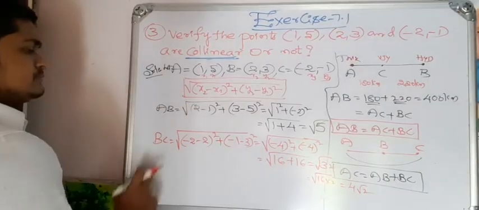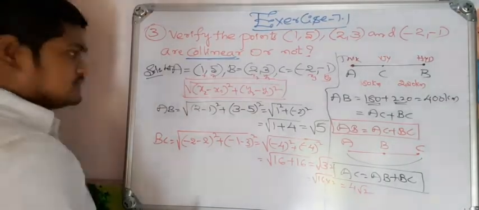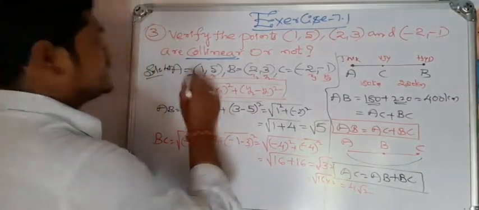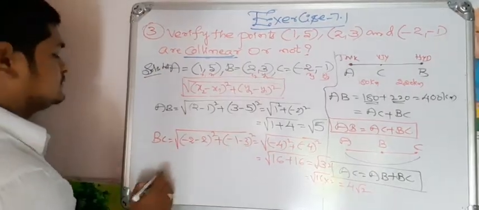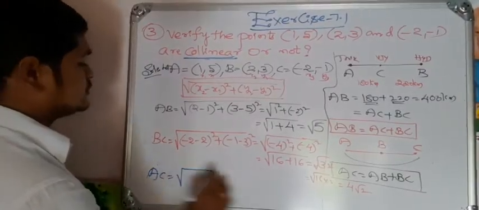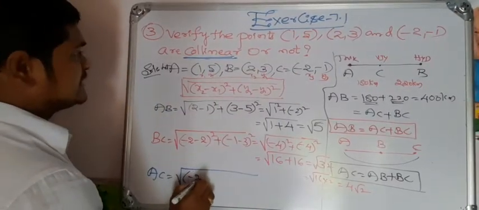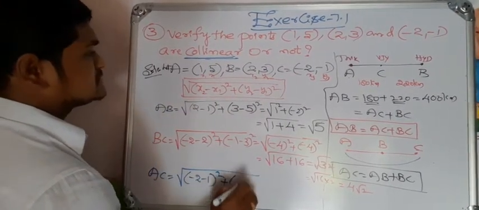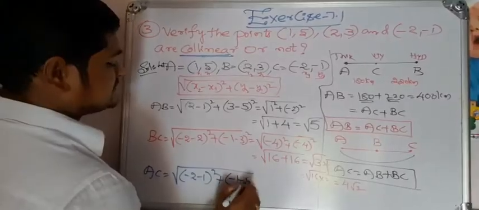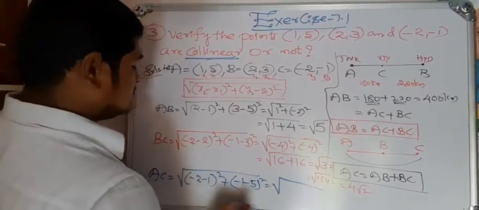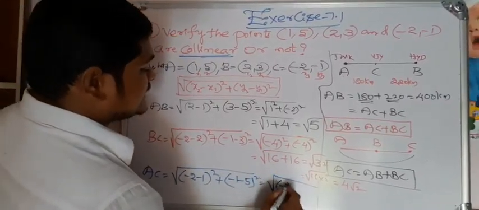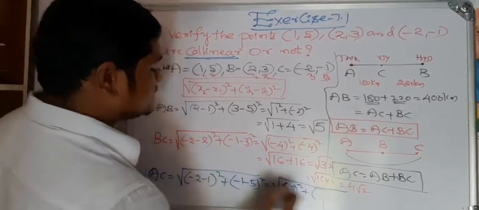Next, find the distance between A and C, that is the first point and the last point. So AC is equal to root of this one minus this one, first point and last, minus 2 minus 1 whole square, plus minus 1 minus 5 whole square. Minus 2 minus 1, both have the same symbol, so add the two values.